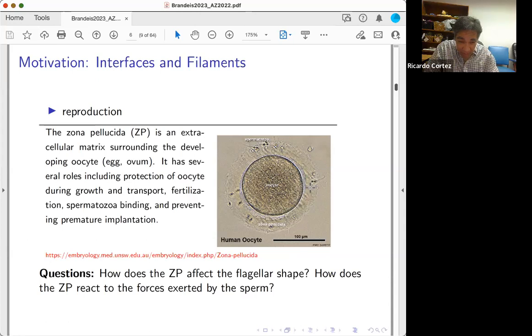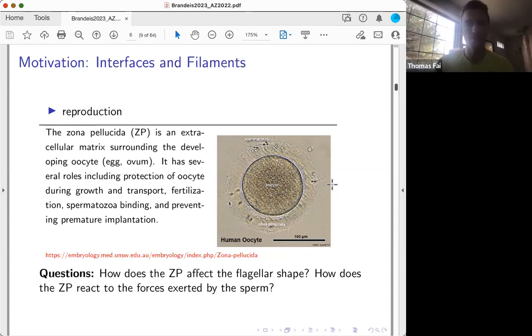But mechanically, it's a different environment. I'm going to focus more on the fluid dynamics and the swimming through this region, but there would be a lot of biochemistry also that has to happen. Great, thanks.